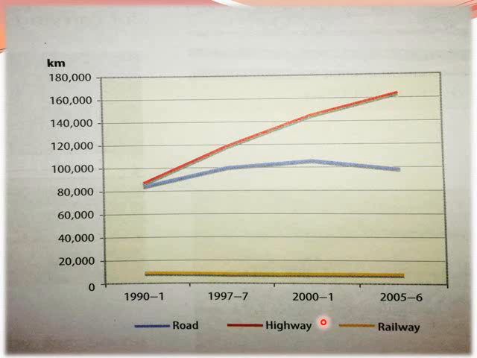Here we can see that this graph shows the development of roads, highways and the railways. So this blue line shows road, red line shows highway, and in this graph the yellow line shows railway, and it starts from 1990 towards 2006.